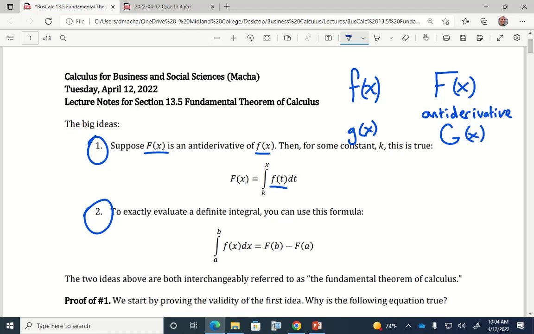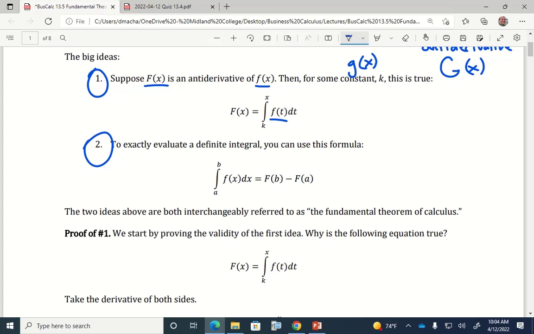I'm going to explain this in a second. I'm just trying to show you what we're about to work up to. If you let capital F be a specific antiderivative of f, then you have to choose a specific value of k that matches that specific antiderivative. If you're confused so far, that's okay. Just hang with me for a minute.